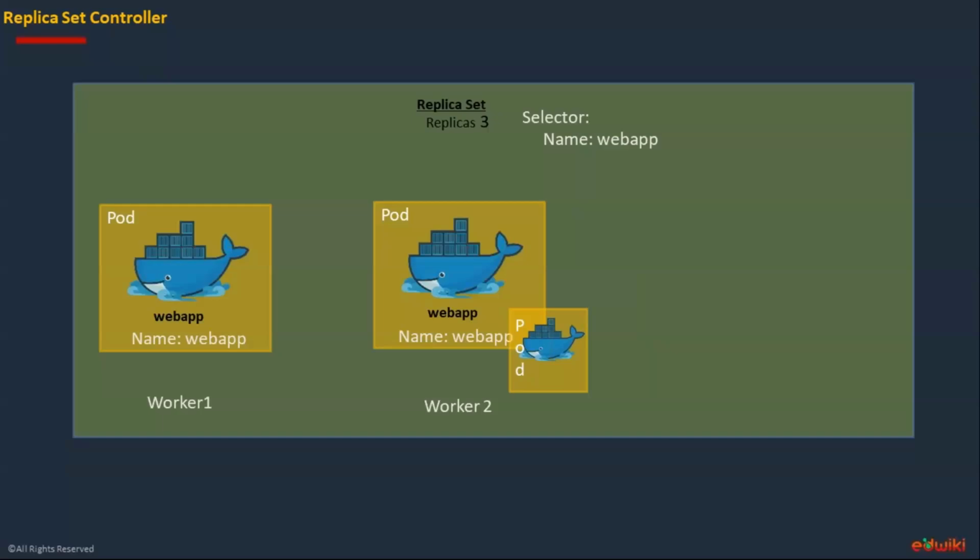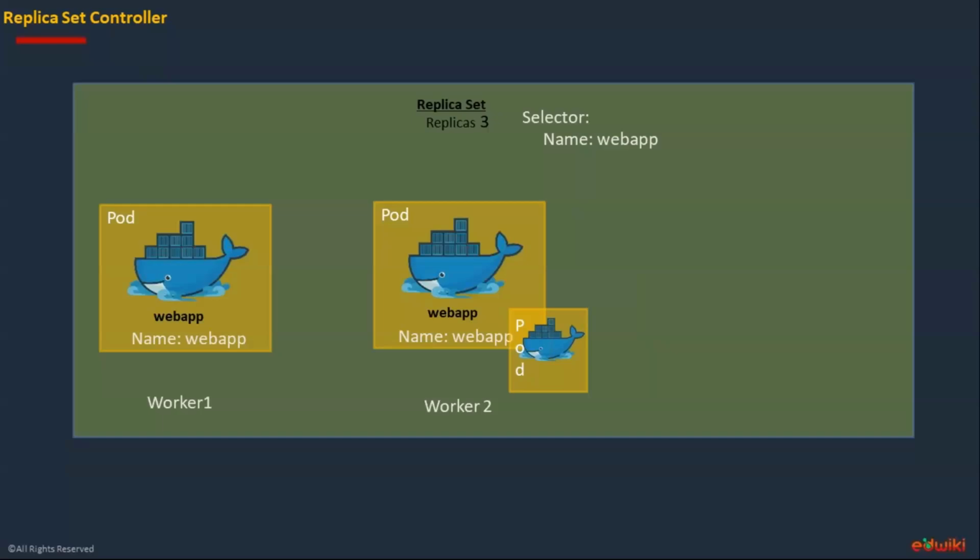All 3 pods are running with the same label, because that is more important. If you have all 3 pods running in a single worker node and that worker node is down, all 3 pods will definitely come up on another worker node. That is true, but it takes some time, right? So your application will be down while the pods are moving to the other node.